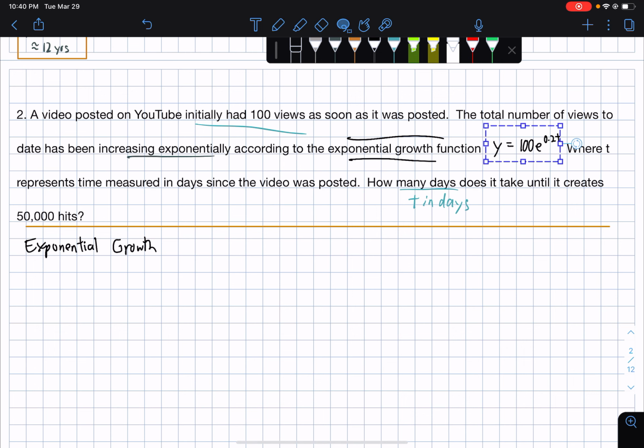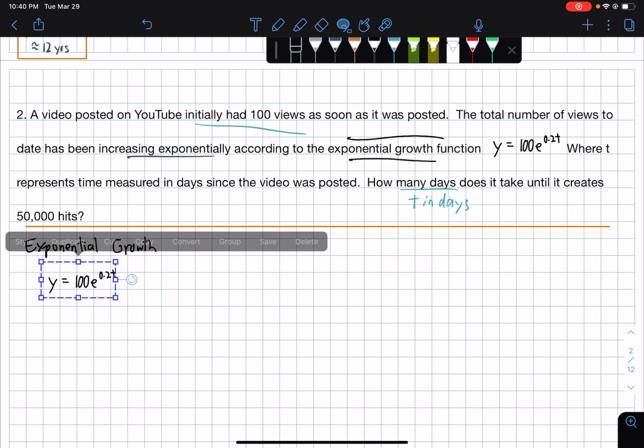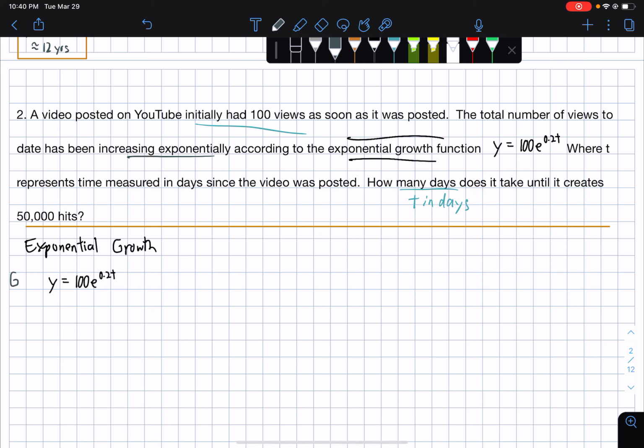So let's just copy that. That's our given. We write it that way, where t represents time measured in days since the video was posted. So how many days does it take until it creates 50,000 hits? I suppose that y is our final amount, which is basically 50,000 in this scenario.